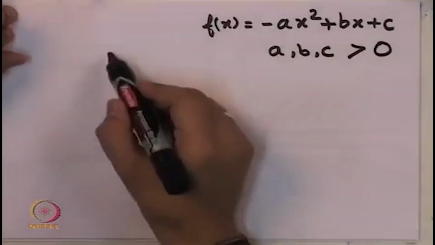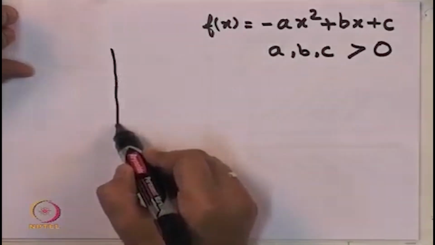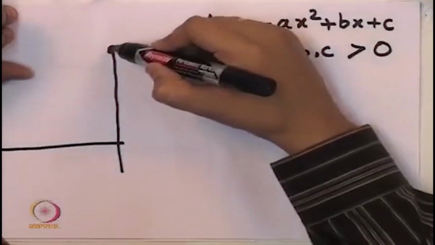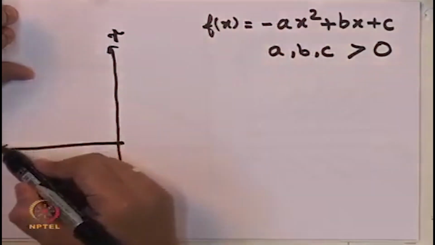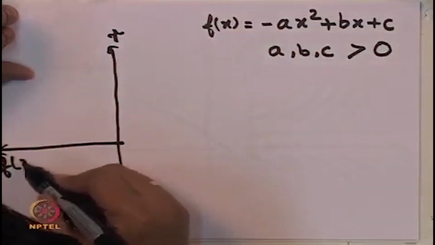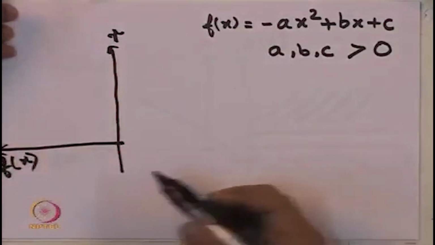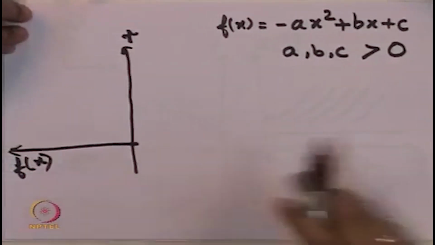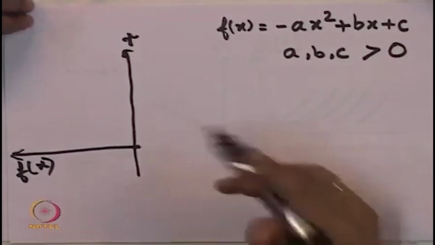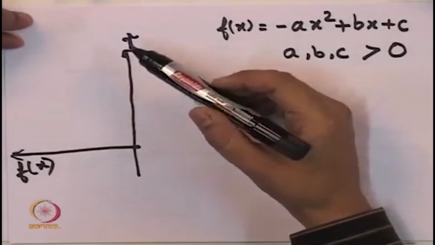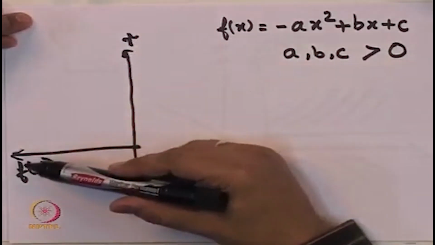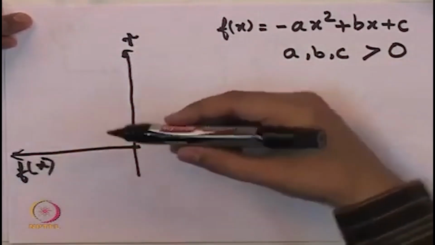For this situation, when we draw a graph of f versus x, this is a little unconventional way of plotting a function. We have plotted with the same orientation of the independent and dependent axis. X has been plotted here and the dependent variable f has been plotted in this direction.